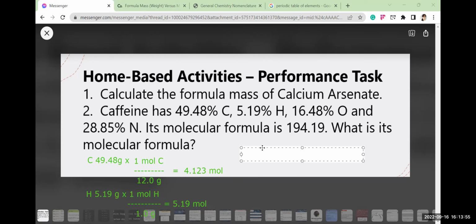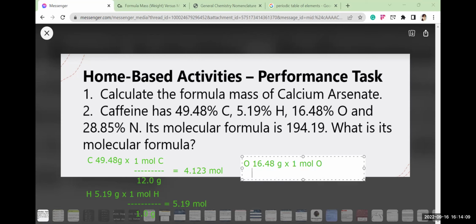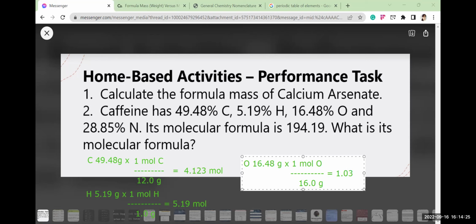Carbon, hydrogen, hindi pa pala, oxygen. Oxygen. You have 16.48 grams. What's the molar mass of oxygen? 16. So, what's the answer here? 1.03. 1.03333 ba yan?